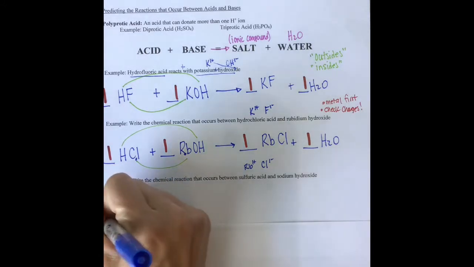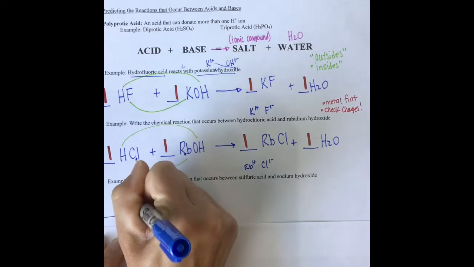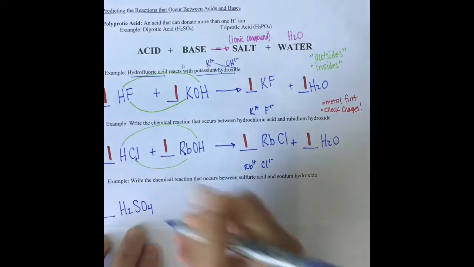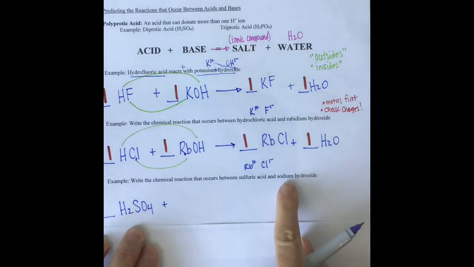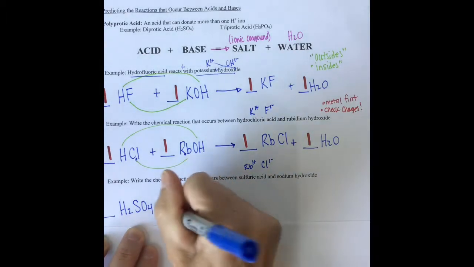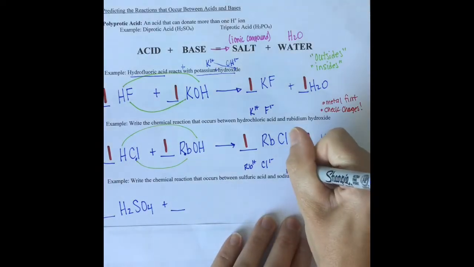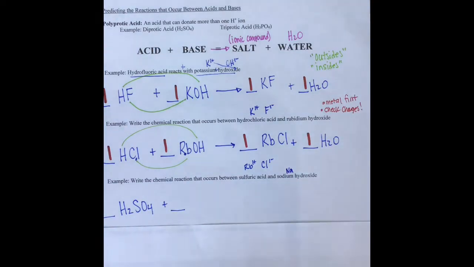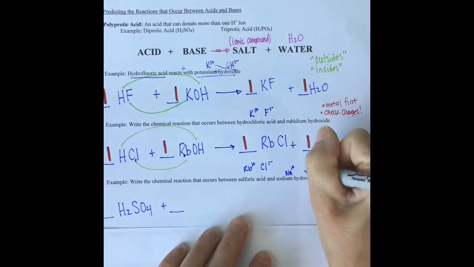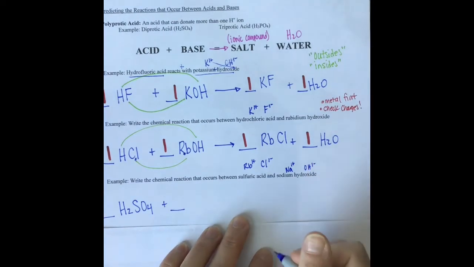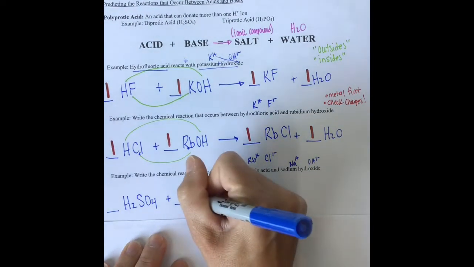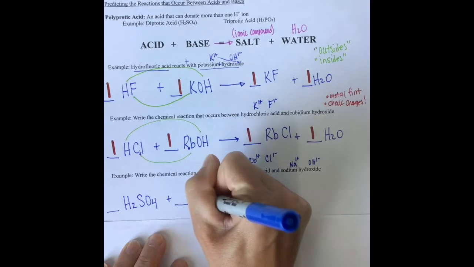All right, in this one, it wants sulfuric acid to react with sodium hydroxide. Sodium is a 1+, hydroxide is a 1-, so we are reacting NaOH.